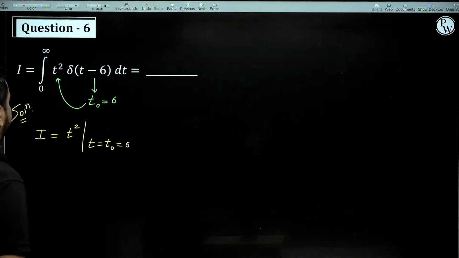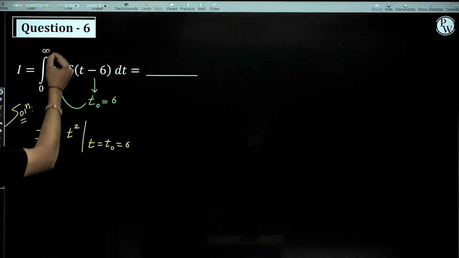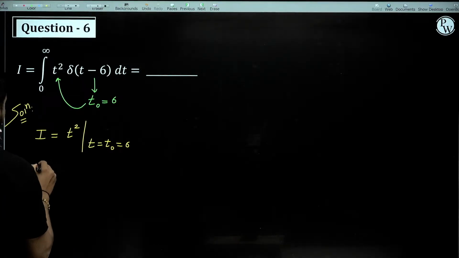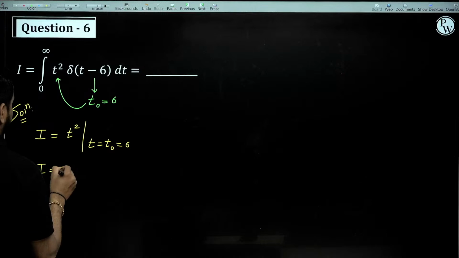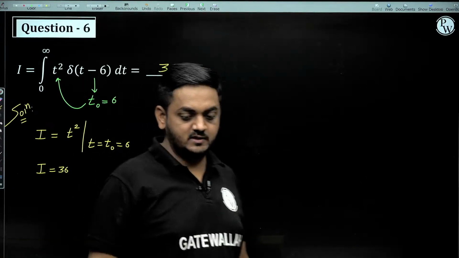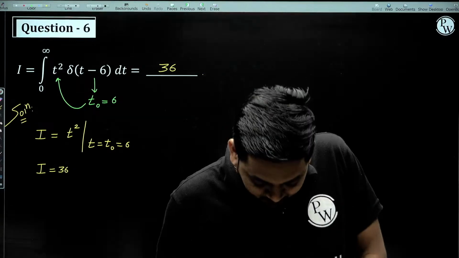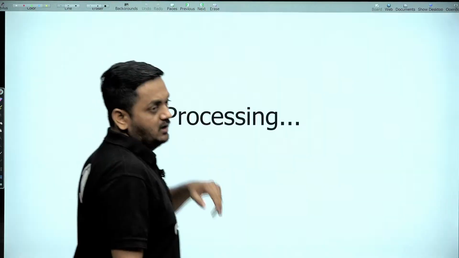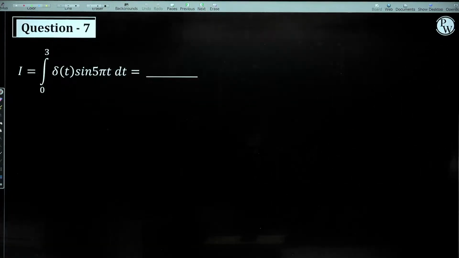And this 6 lies between 0 and infinity, so definitely you can use this property. So the integral I will be 36, guys. So 36 is the correct answer to this question. Let us solve the next question, guys.